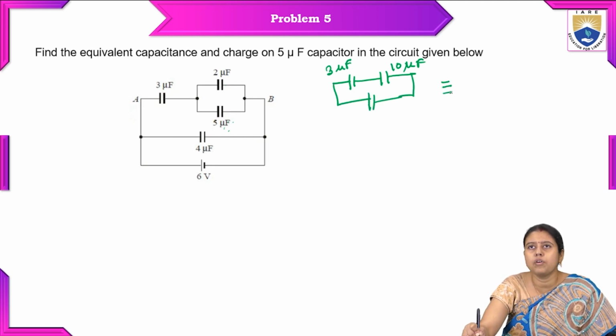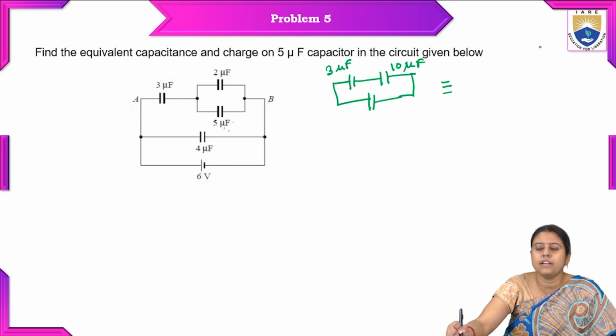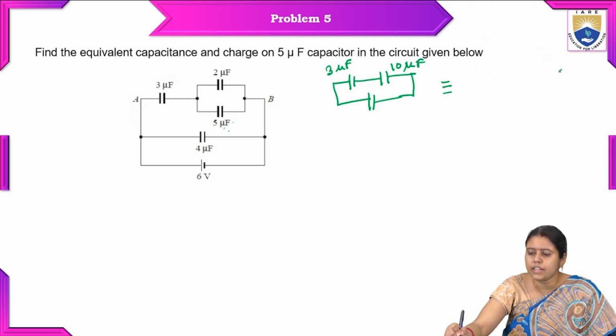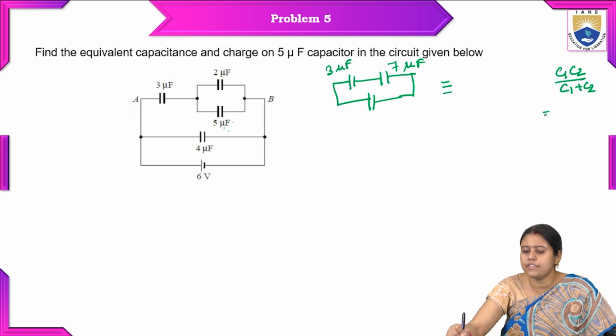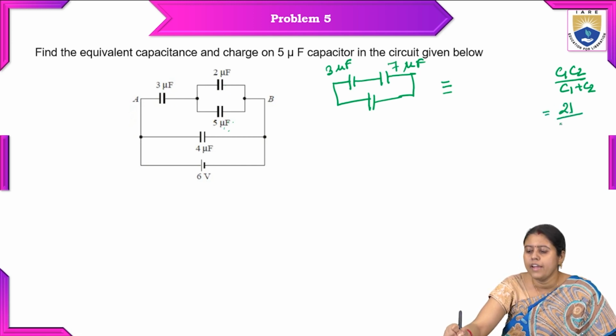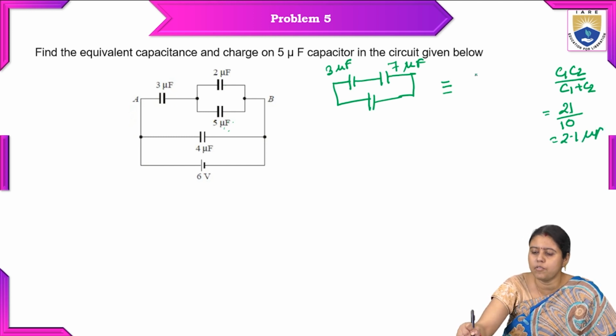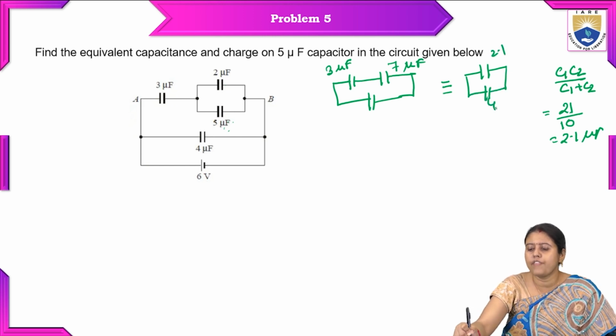So what is the equivalent of this? The equivalent calculation is C1 C2 by C1 plus C2. Sorry, this is 7, since 5 plus 2 is equal to 7. So it is coming 21 by 10, so 2.1 microfarad. The equivalent is 2.1 microfarad with 4 microfarad.